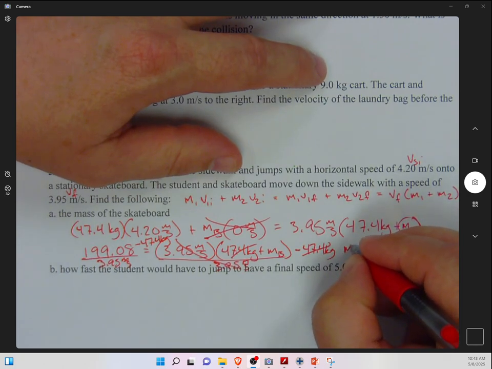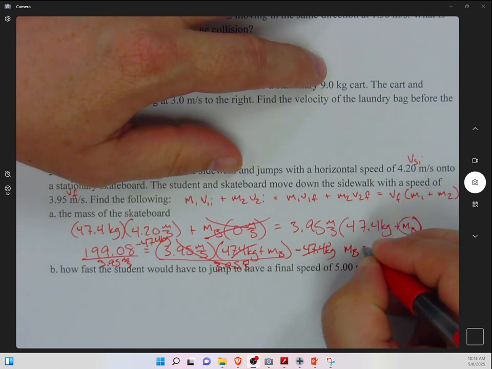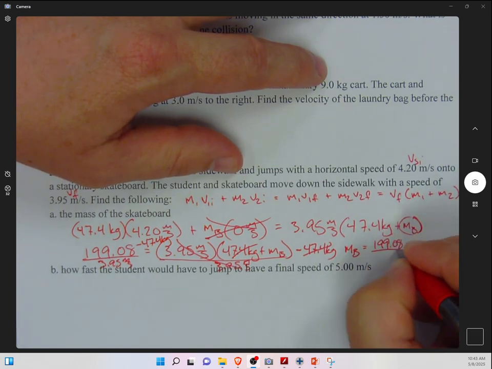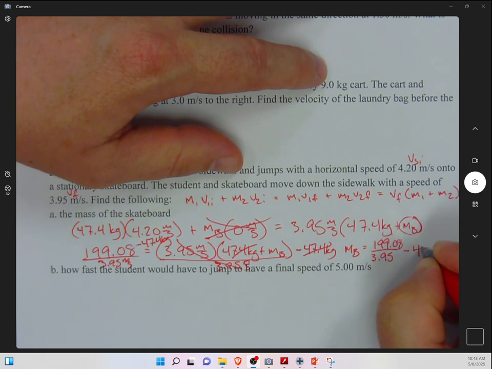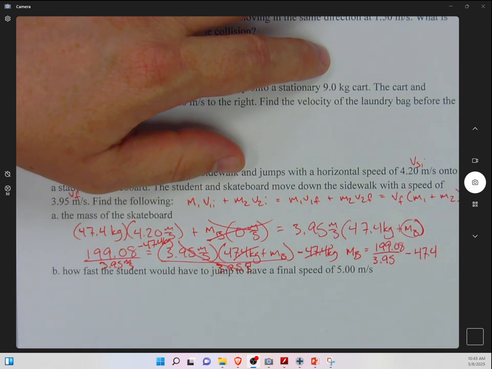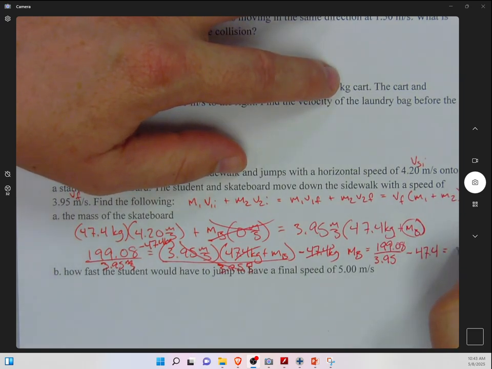And so my mass of the board is going to be equal to 199.08 over 3.95 minus 47.4. And this is going to end up being 3 kilograms.